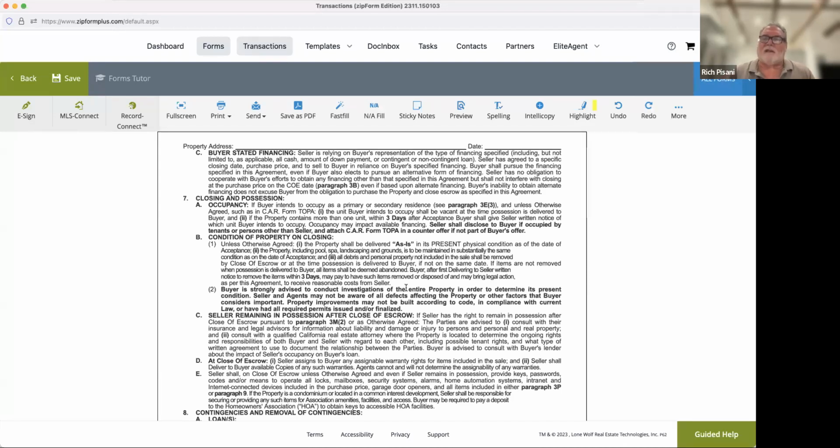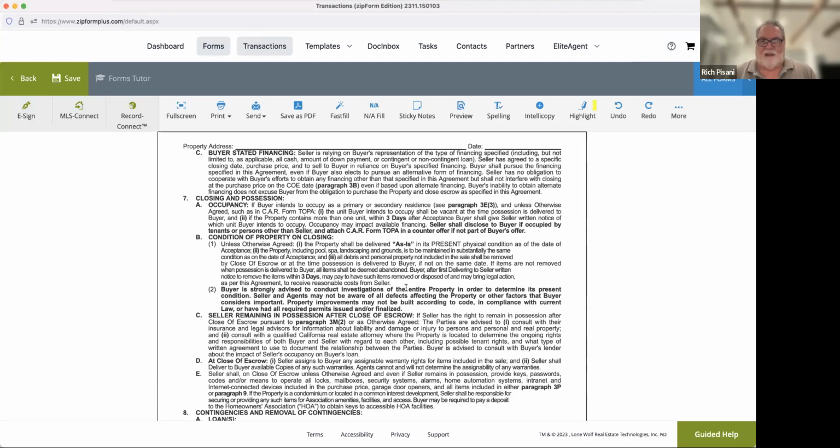Seller has agreed to specific closing date, purchase price, and to sell to the buyer in reliance on buyer's specified financing. Buyer shall pursue the financing specified in the agreement, even if buyer also elects to pursue an alternative form of financing. Basically, yes, Mr. Buyer, you can try to find a loan.